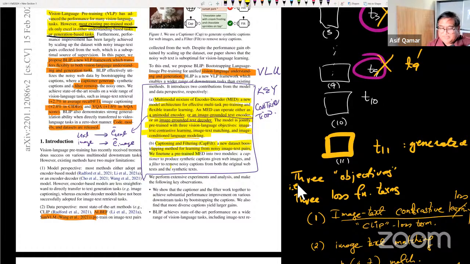We fine-tune a pre-trained model into 2 modules, a captioner to produce synthetic captions given web images, and a filter to remove noisy captions from both the original web text and the synthetic ones. This should be easy, right? If we can create a model that can produce good captioning, then the filtering is implicit. So lovely. You can imagine these guys had a lot of fun doing this.